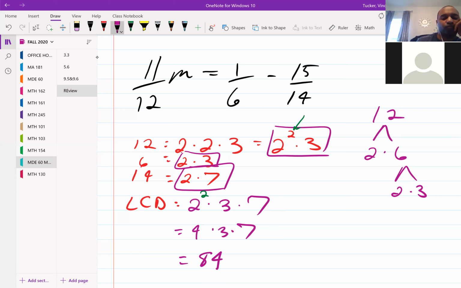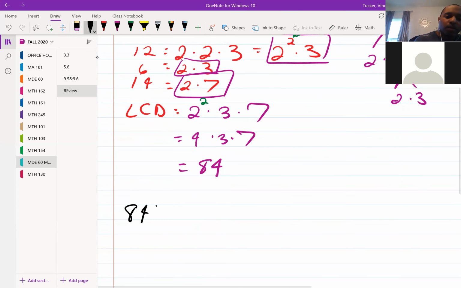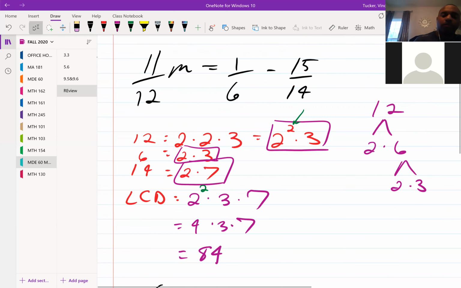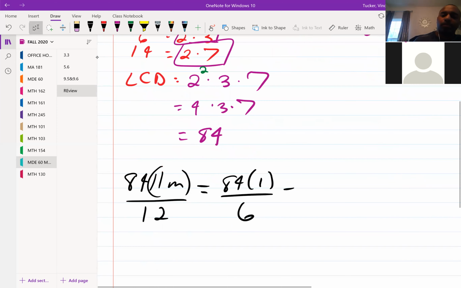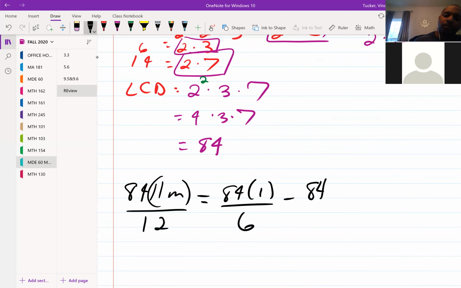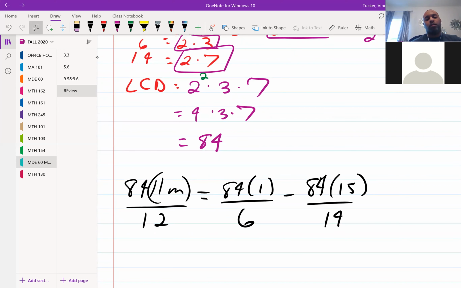Okay, so then now do I just multiply all the numerators with the same as the denominator with LCD, right? Yeah, well, you're right, you'll multiply each numerator by the 84, but you'll leave the denominators the same. All right.